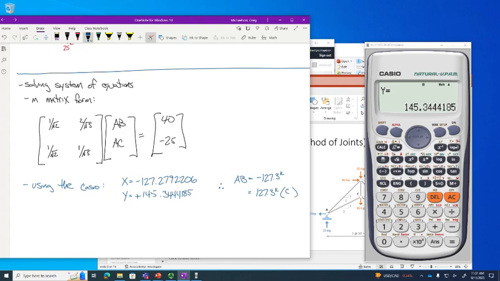This is what I meant when I said just let the math do the work. Okay? And AC is plus 145.3 kips, or 145.3 kips in tension. Okay?